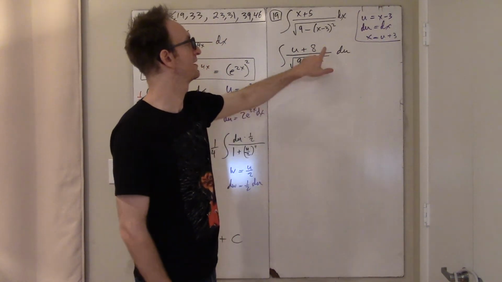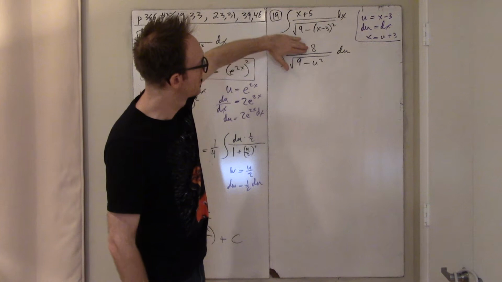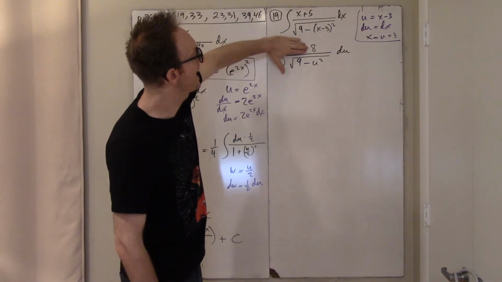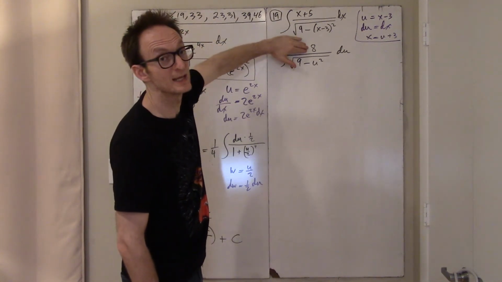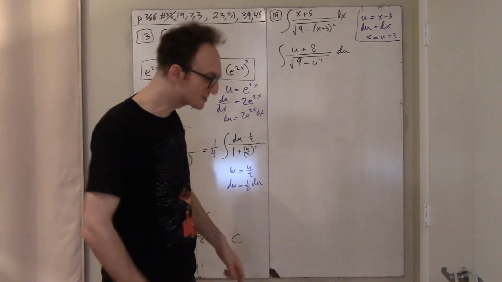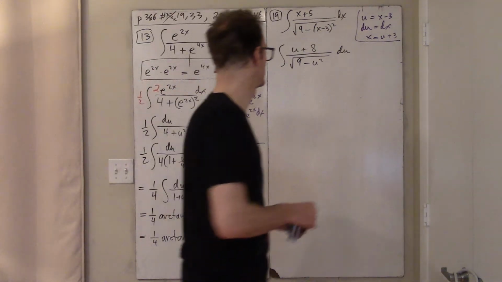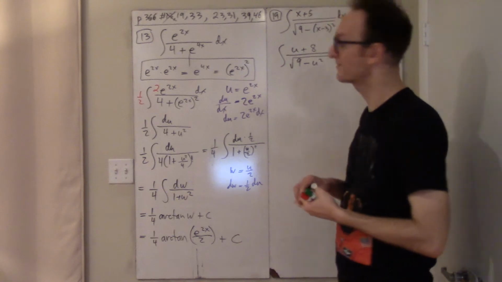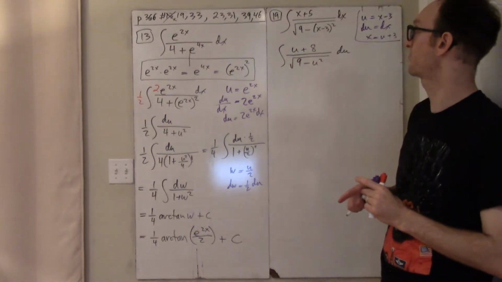Also, what if the u weren't there? Well, if the u weren't there, then this is roughly speaking in the arcsine form. So the trick to doing this problem is to think of this as two totally separate problems.